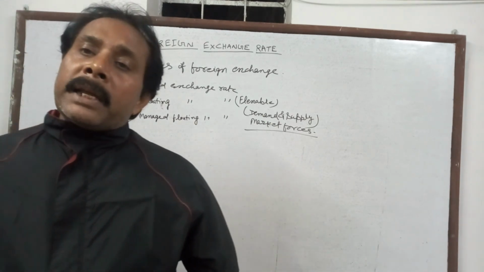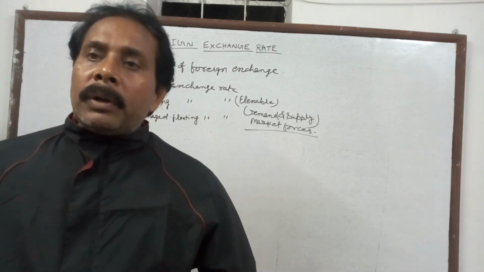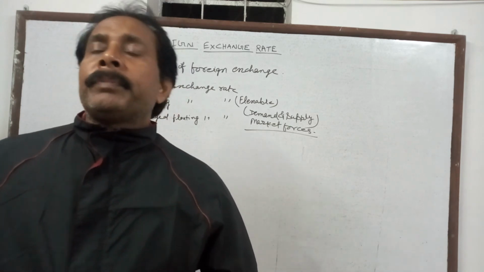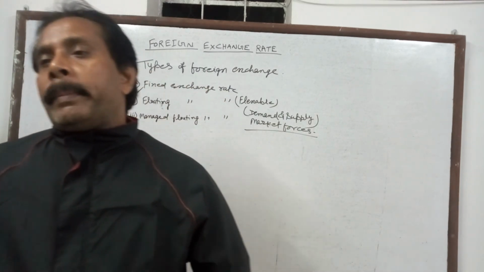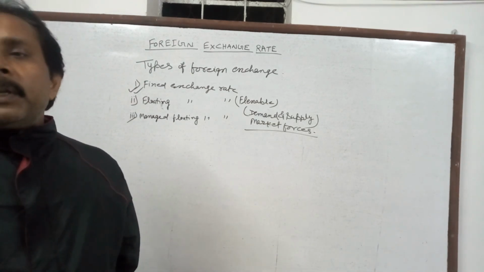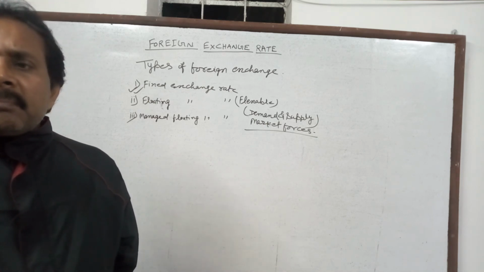In case of fixed exchange rate, there is complete government control, or the government has the power to intervene in the matter of exchange, whereas in a floating rate there is no government interference. It fluctuates freely according to the market conditions. Is it clear?